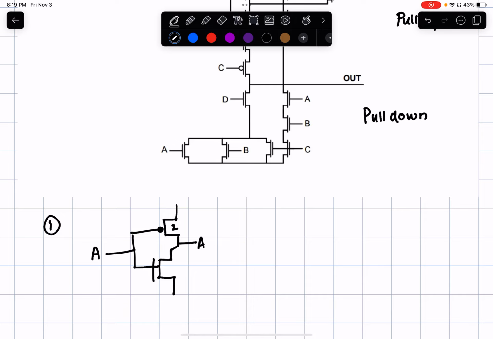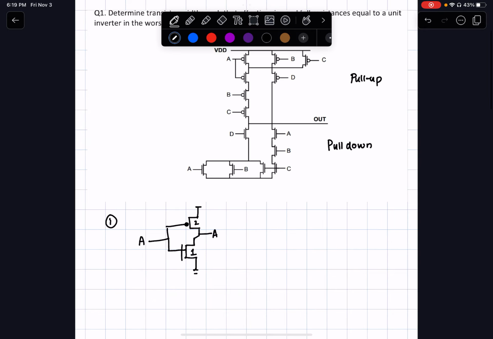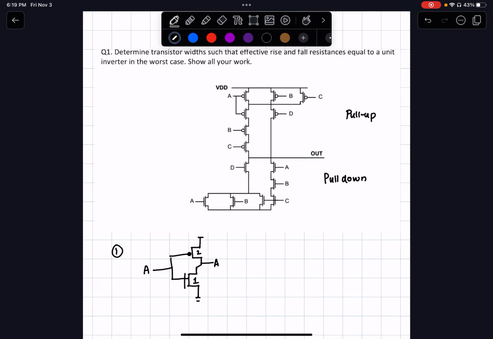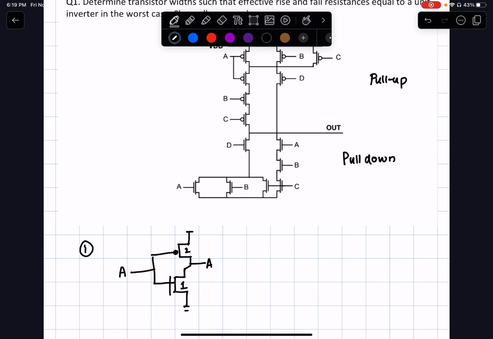The size is 2 here, and the size is 1 here. So we have to follow this concept. I know it kind of looks weird, but you have to understand that we always have to multiply the size of the PMOS by 2 and the size of NMOS by 1. That's the most important thing that we need to understand to determine the size of the transistors.